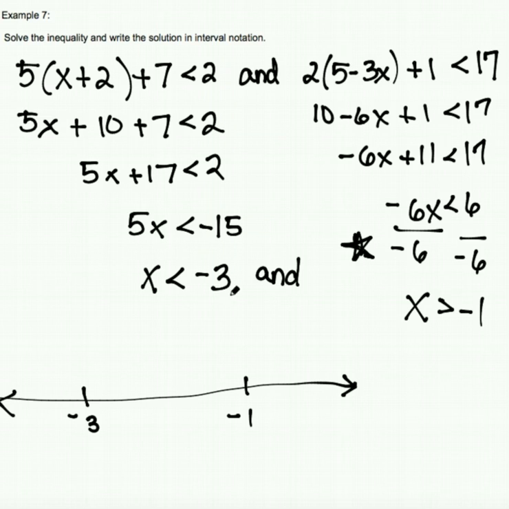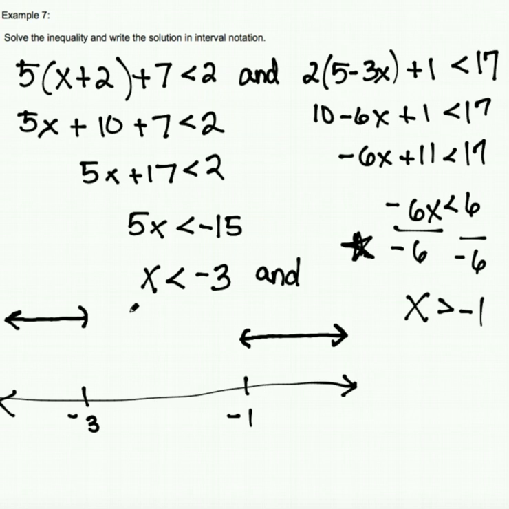Let's first graph x is less than negative 3. That would be a parenthesis and everything to the left of negative 3, all values less than negative 3. Now, if I graph x is greater than negative 1, that would be a parenthesis at negative 1 and everything to the right, everything greater than negative 1.